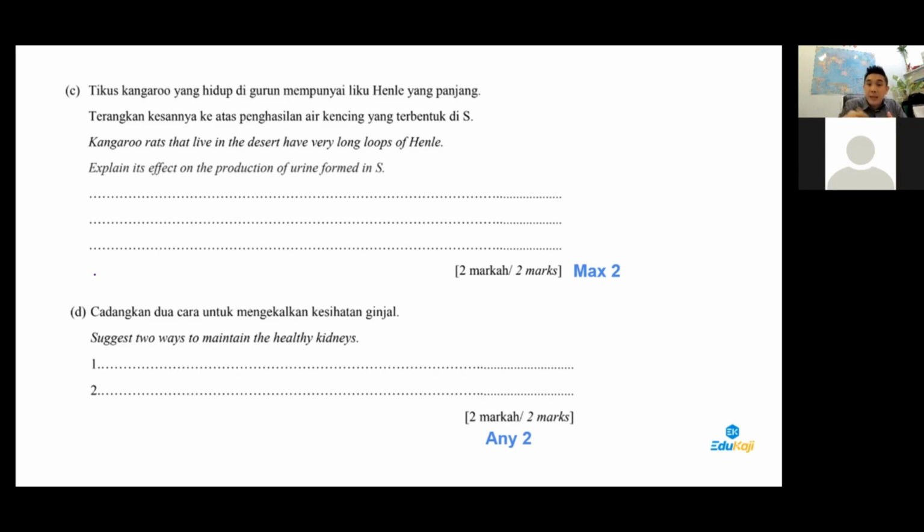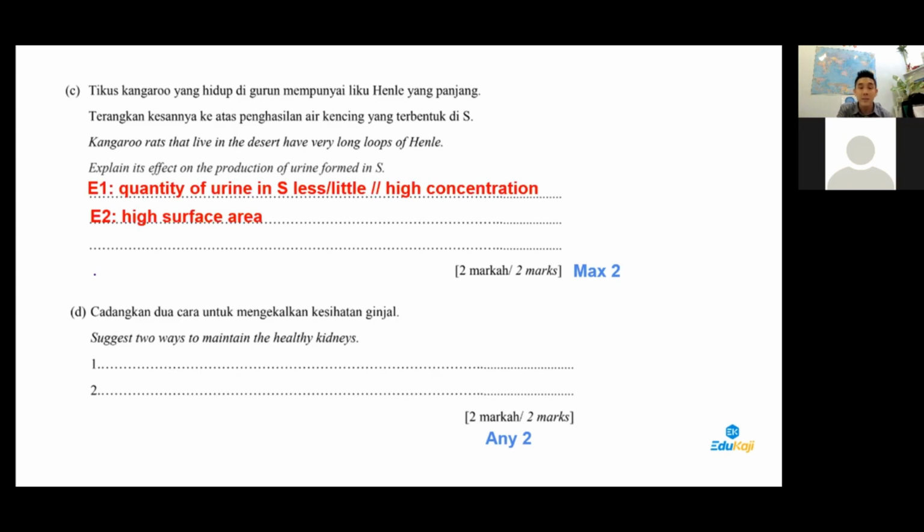More water is reabsorbed back into the body because they want to store more water. So less water is released out, less urine. The quantity of urine is lesser, because more water is reabsorbed due to the high surface area.